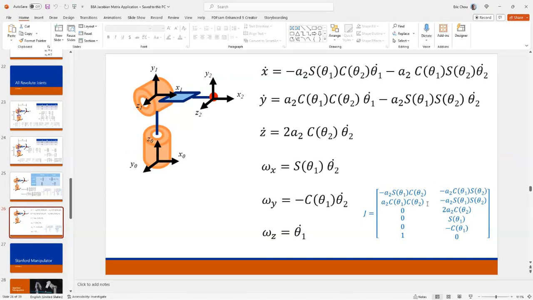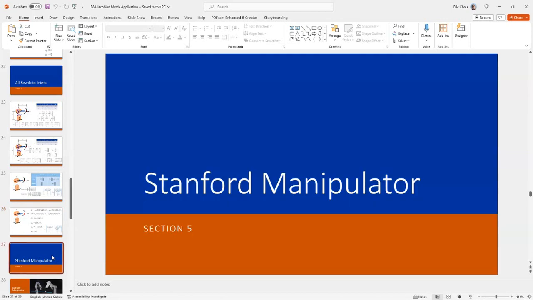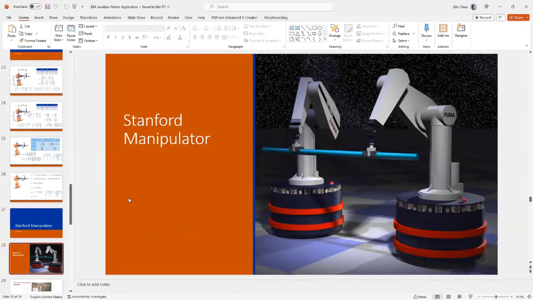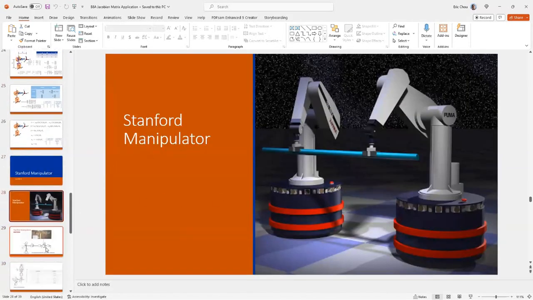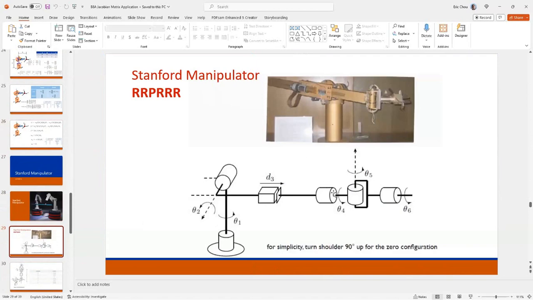Based on the equations, you can look at the Stanford manipulator, a 6-dimensional manipulator, and then it's an RRP, that is rotational, rotational, prismatic robot.